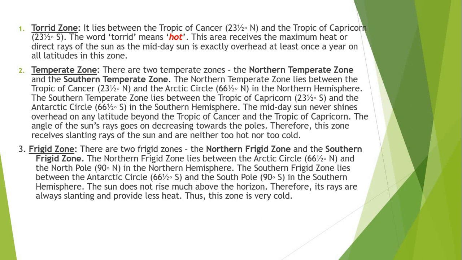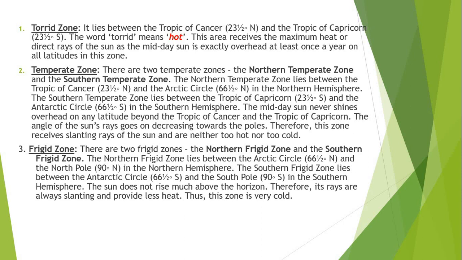Temperate zone. There are two temperate zones, northern temperate zone and southern temperate zone. The northern temperate zone lies between the Tropic of Cancer and the Arctic Circle in the northern hemisphere, while in the southern hemisphere, the southern temperate zone lies between Tropic of Capricorn and the Antarctic Circle.